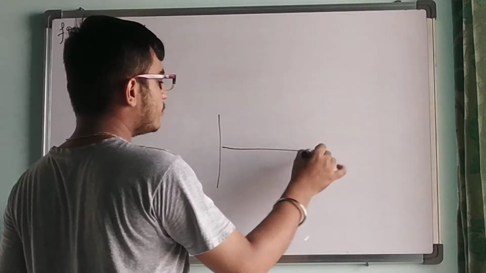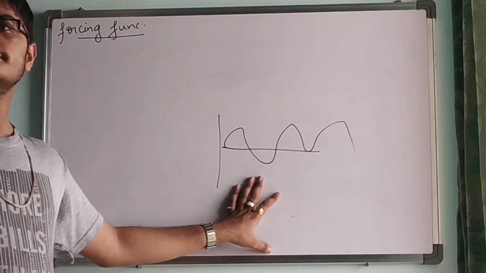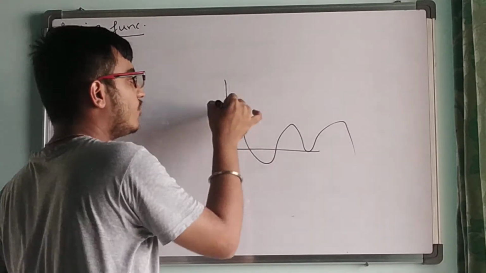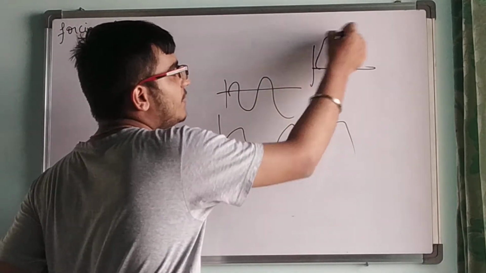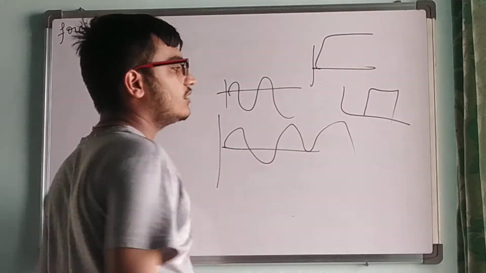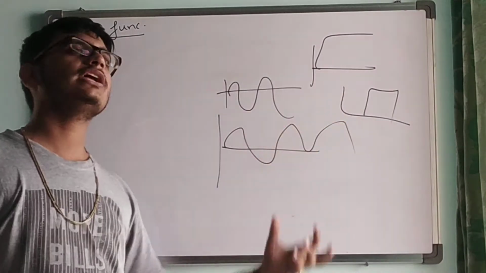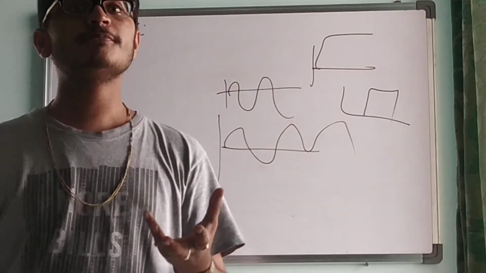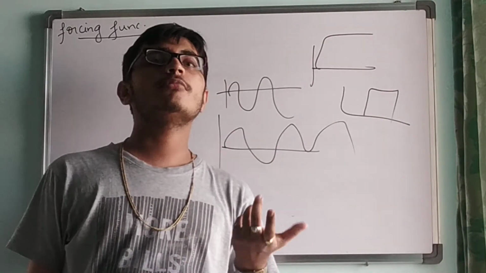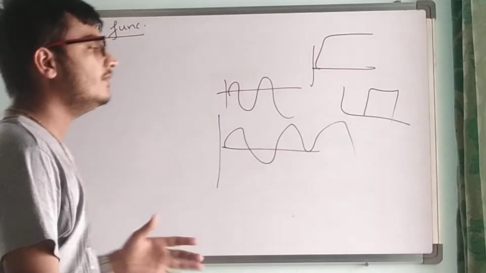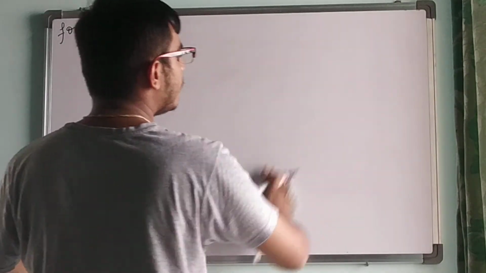If your output is in the form of a sine curve, you should know what the different functions are, cosine functions, or whether it is a step input or an impulse response. What kind of functional form you are getting, or what kind of input you are giving, either a step change or an impulse, is important to know.